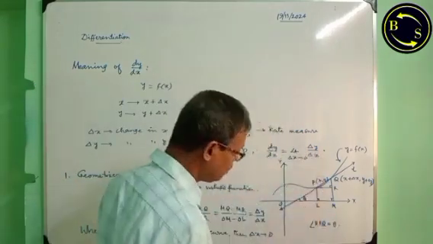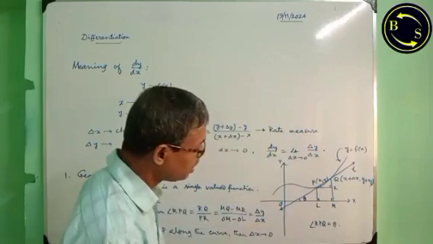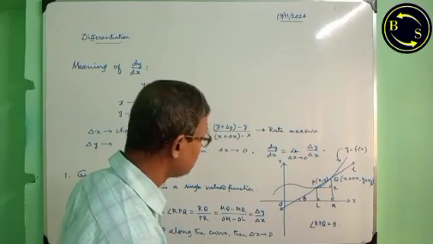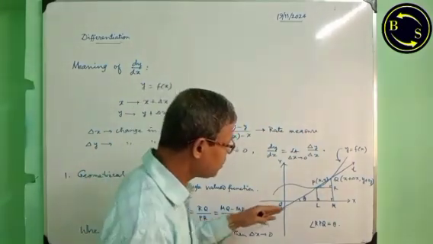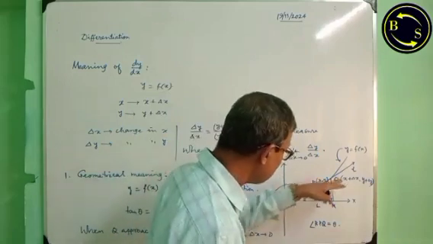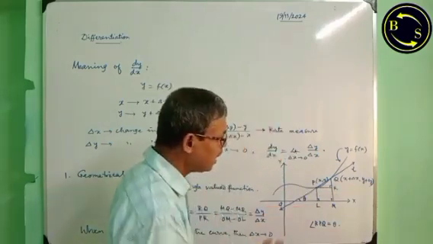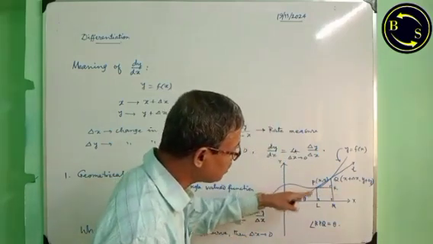And this angle will be some other angle, which is made by this straight line L, and this straight line becomes a tangent.